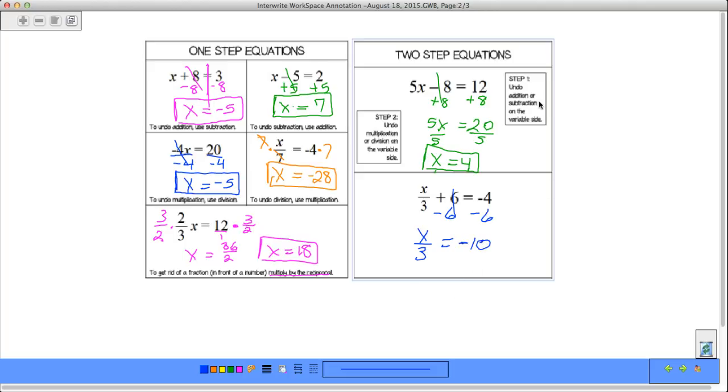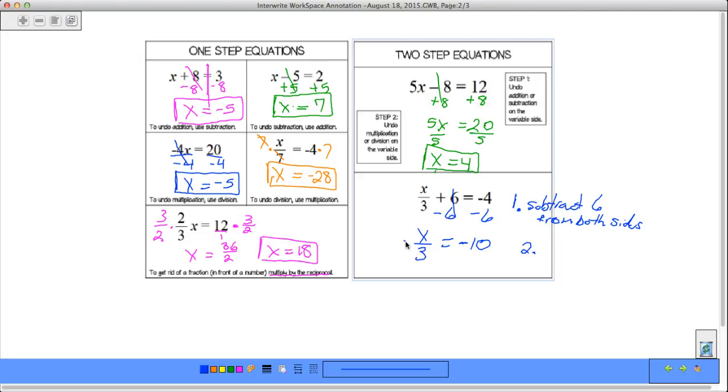Okay, now, this time our steps aren't written out for us. So if our steps aren't written out for us, we need to write them down. Step 1, I subtracted 6 from both sides. Then from there, step 2, I have x divided by 3.